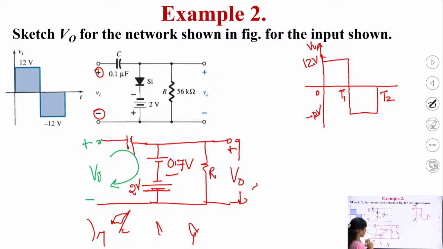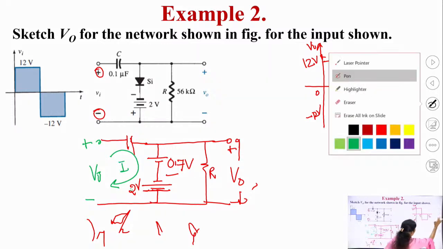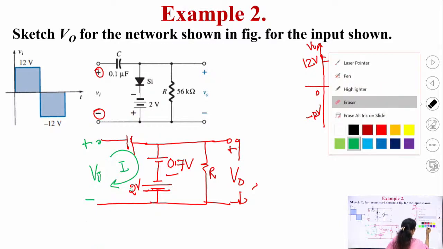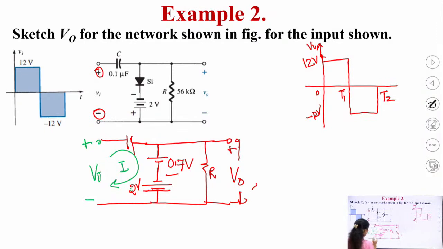So, if I write the KVL here for this circuit, the first loop, then what will be my equation? It is Vi. So, let us mark, because the current direction is this, this is Vc, this is plus and minus, because current flows from higher potential to lower potential.